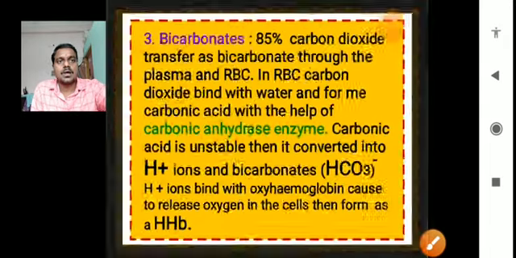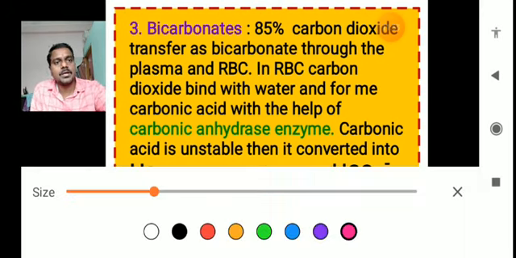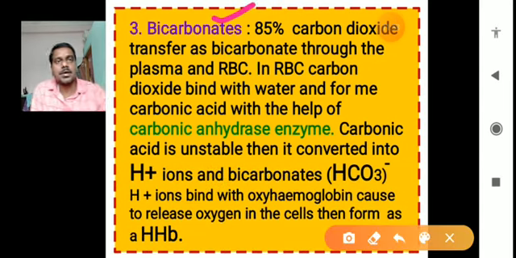But the third one we call bicarbonate. The carbon dioxide is converted into bicarbonates.